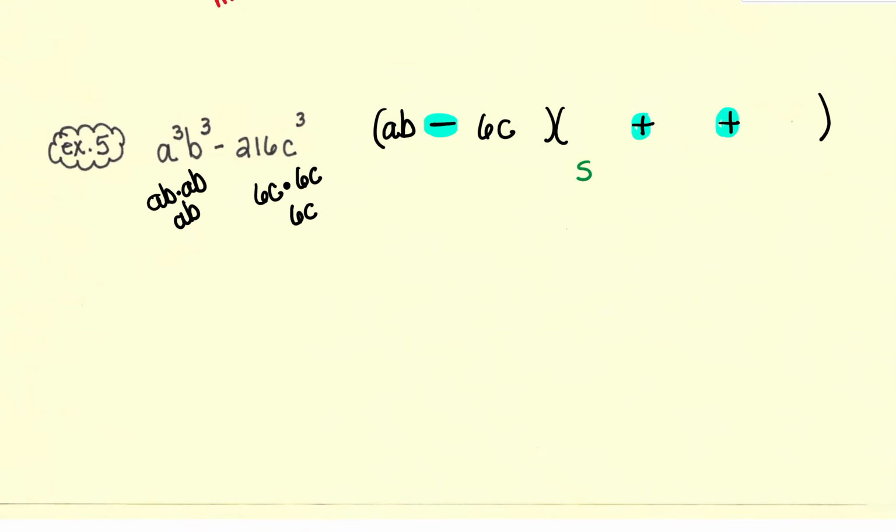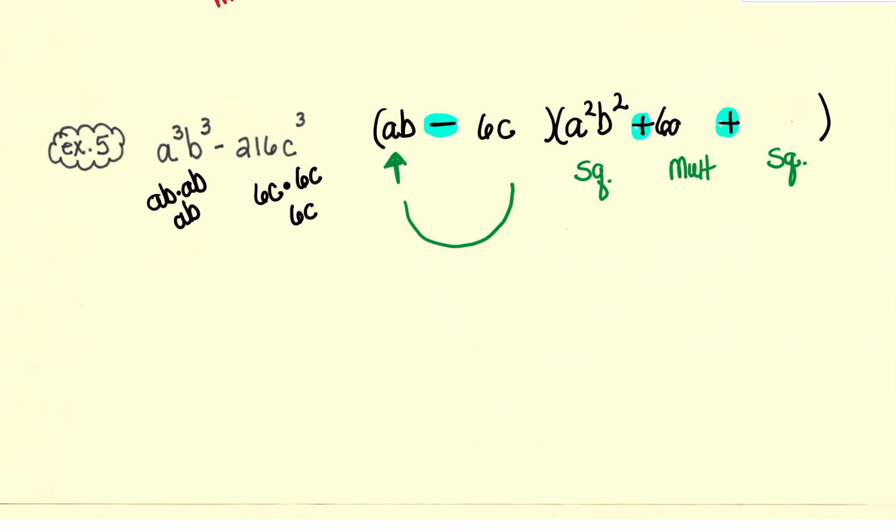Now let's fill in our spaces. Square, multiply, square. So I'm going to square the a and the b to get a squared, b squared. I'm going to multiply the 2 together, and that's going to give me 6abc.